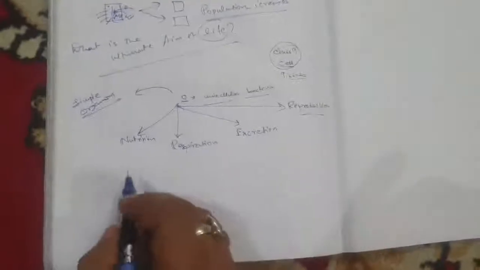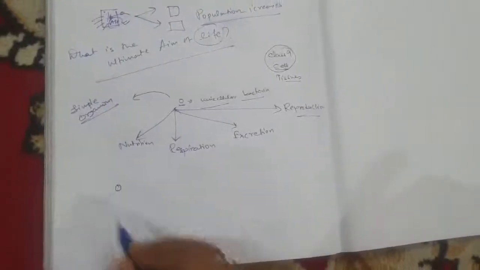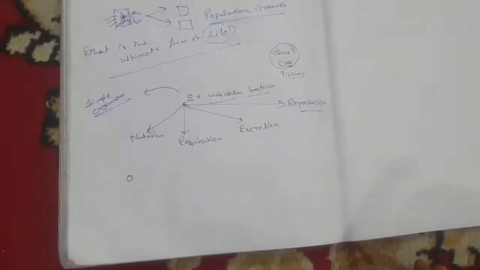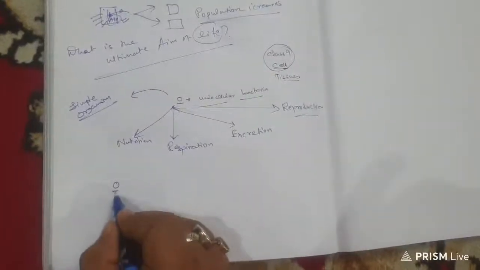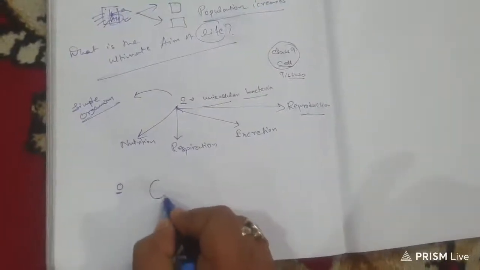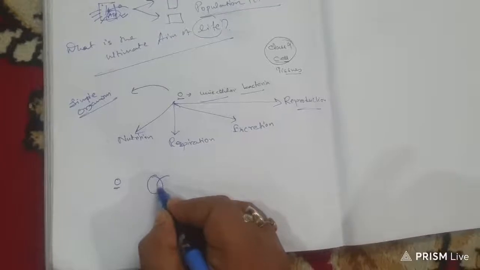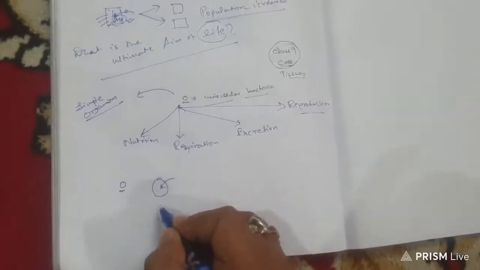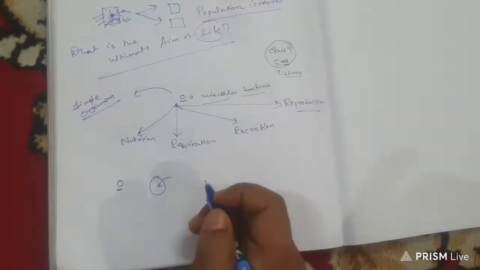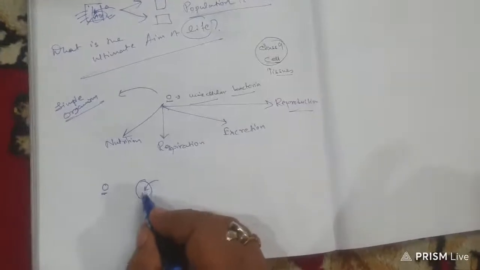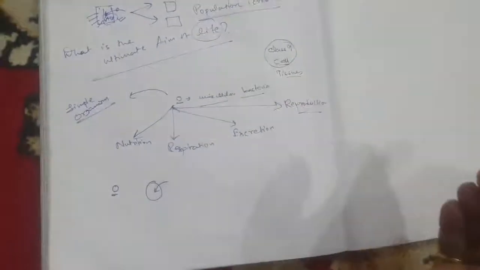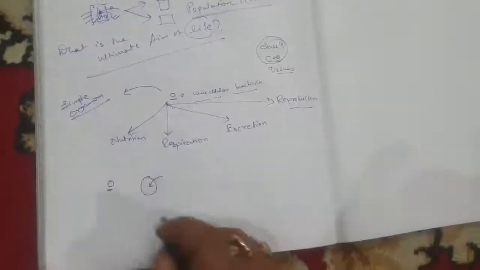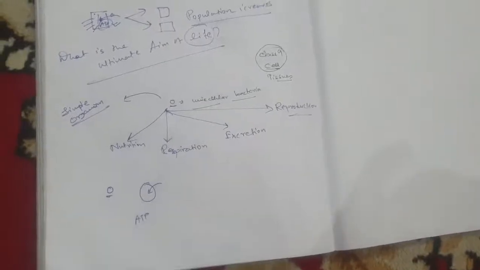Suppose a single unicellular organism is there, and this organism may absorb food from its environment through the cell membrane. Then inside the cell, it will break that food to produce energy in the form of ATP.